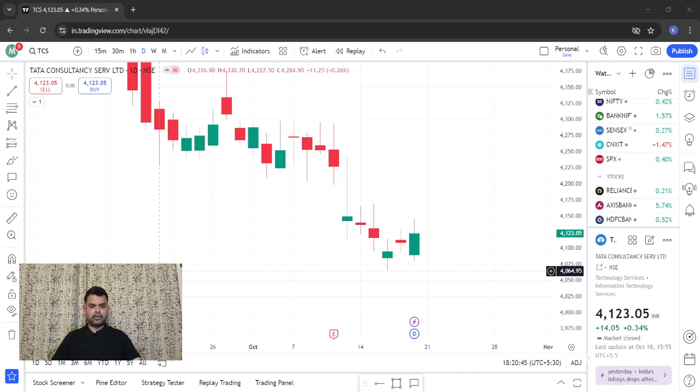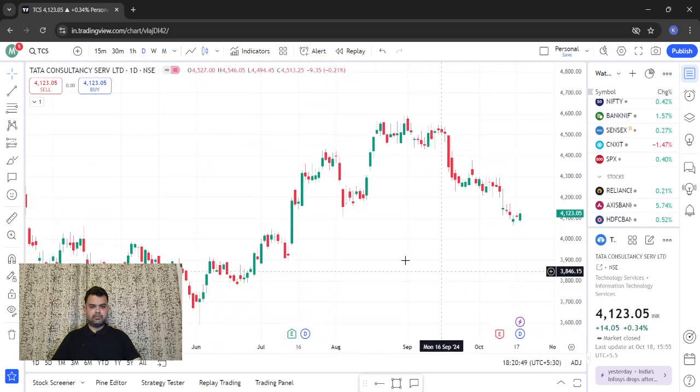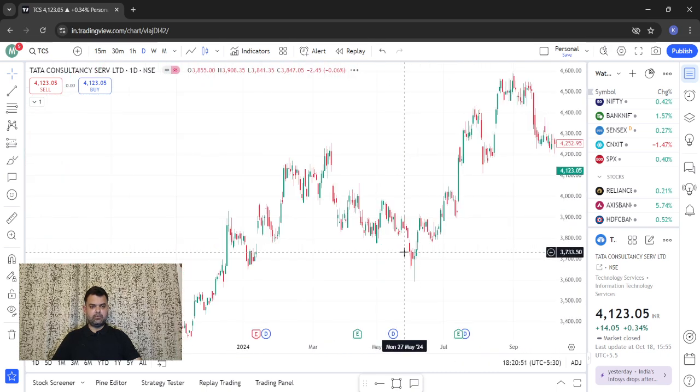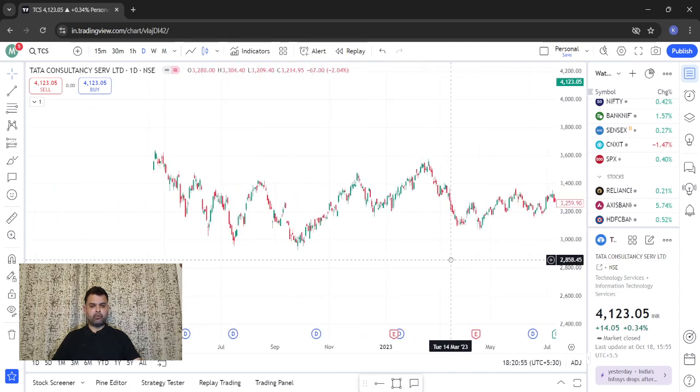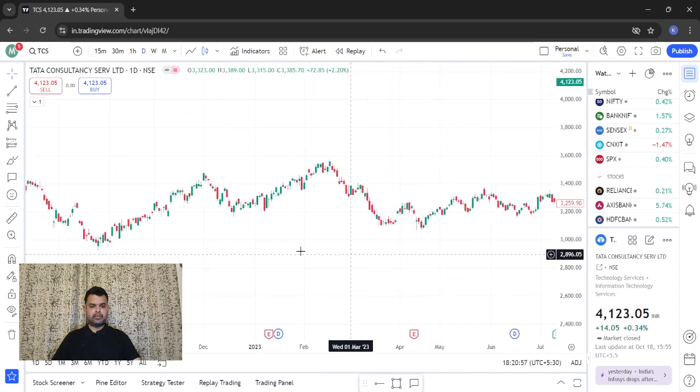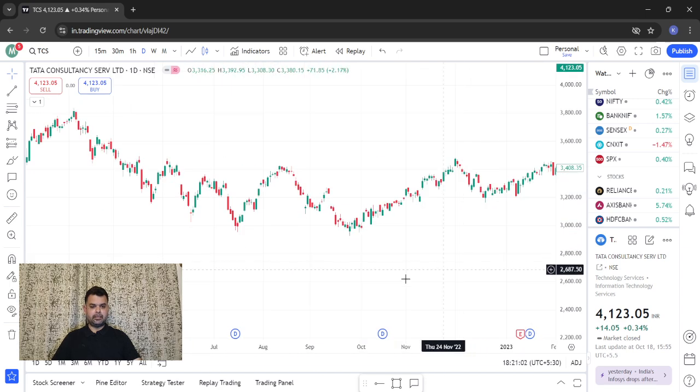The third component is the back test. We can go way back to the data that we are looking for. So here I can see the data for 2023. I can see for any particular month.